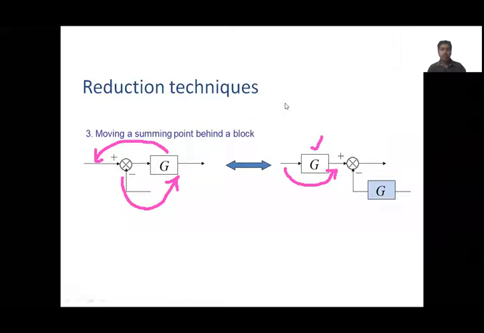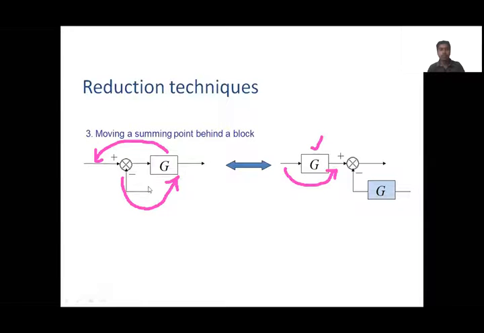Before moving the summing point after the G block, see the feedback gain here is equal to 1. When you want to shift this summing point to after the block, then we have to multiply G with the feedback gain, that is equal to 1. Anyhow, whatever the feedback gain, it will remain 1 only.